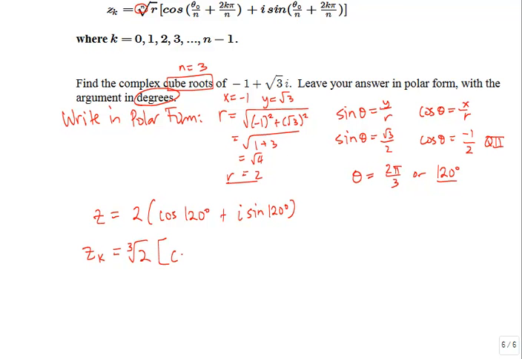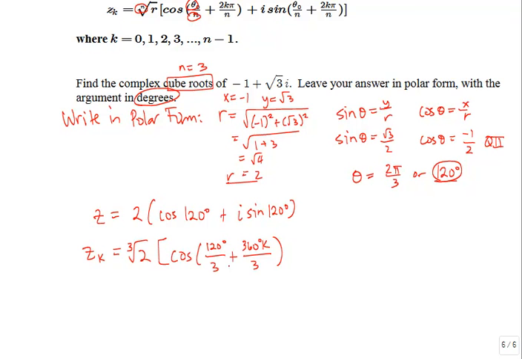And then for the angles, we're going to take the original angle, theta sub 0, which is our 120 degrees, and divide that by our n, which is 3 again, and then add in 2k pi over n. But instead of using 2 pi, because that would be radians, I'm going to use 360 degrees times k over n, which is our 3 again.